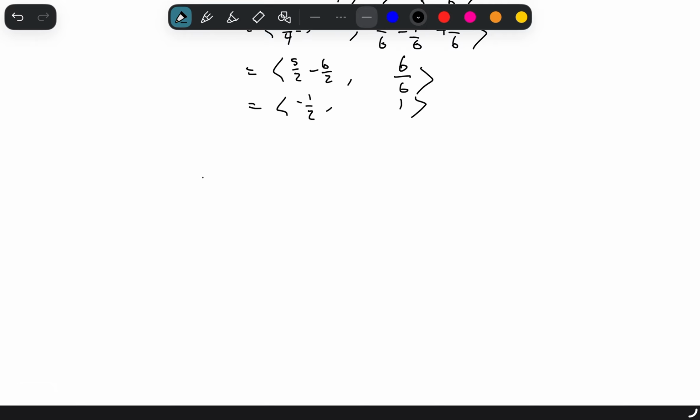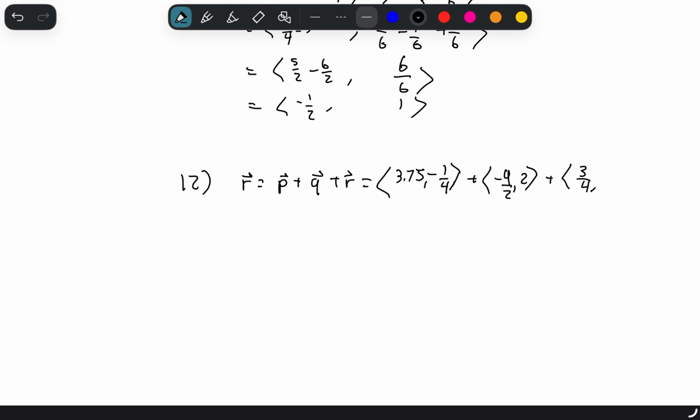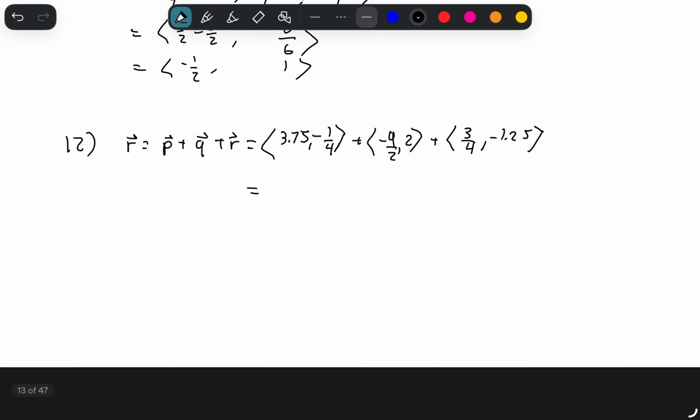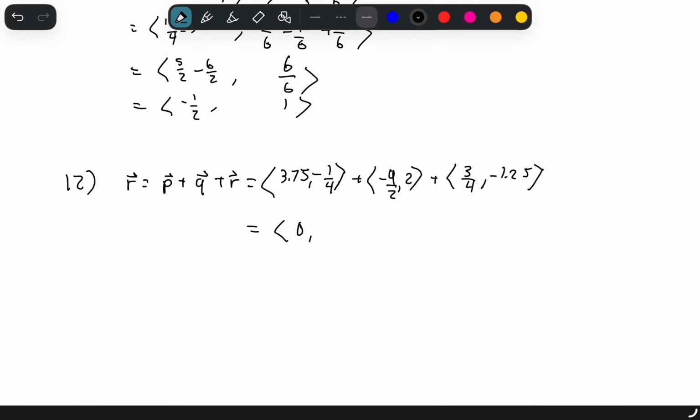Now let's find our resultant vector for this. So this will give us 0, 1, 2.